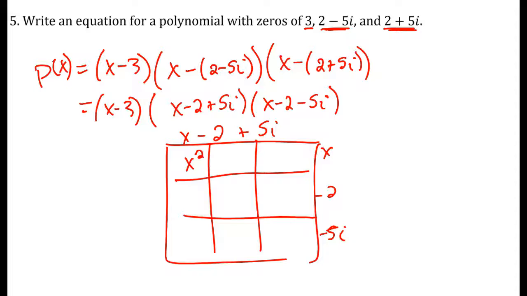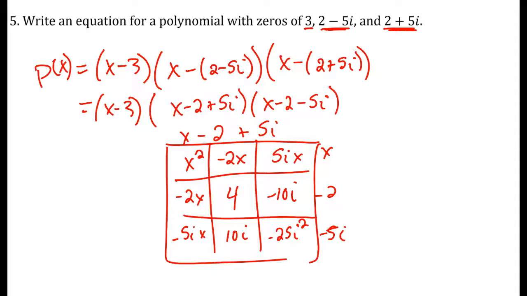x times x is x squared, minus 2x, plus 5ix, minus 2x, minus 2 times minus 2 is 4, 5i times negative 2 is negative 10i, x times negative 5i is negative 5ix, negative 2 times negative 5i is positive 10i, 5i times negative 5i is negative 25i squared.